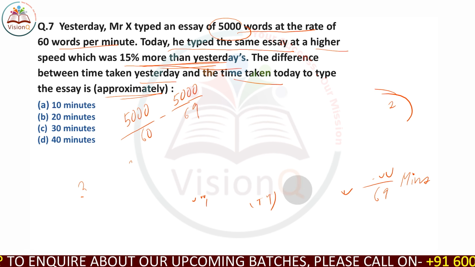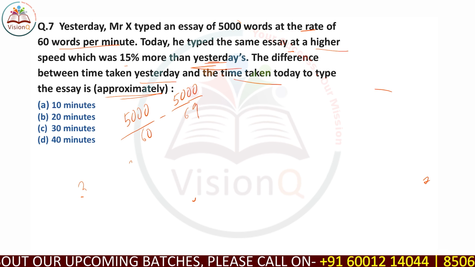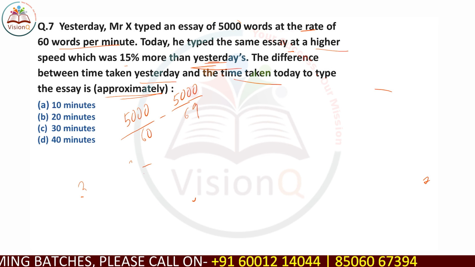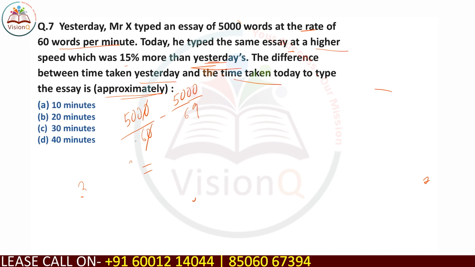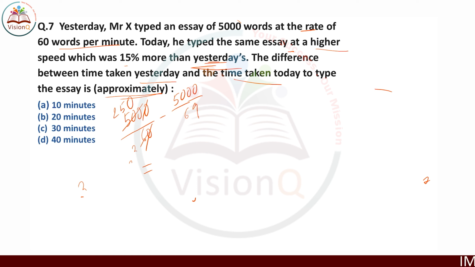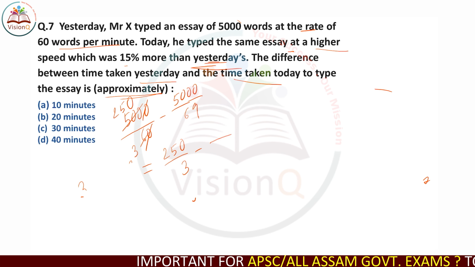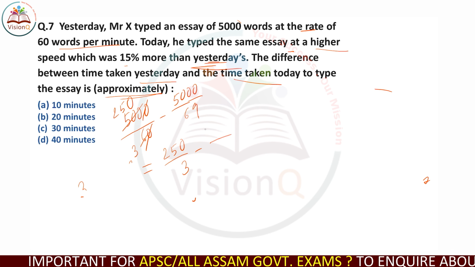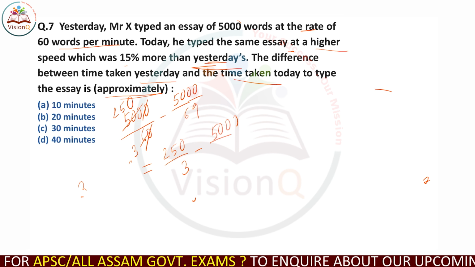So 5000 by 60 minus 5000 by 69. Now here common is what? 20 is common here. So 250 20s are 5000 and 3 20s are 60. So it becomes how much? 250 by 3 minus, okay, here there is nothing common in this case. So just keep it like this, 5000 by 69.